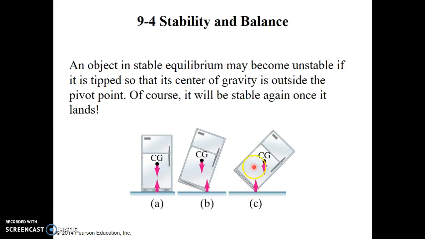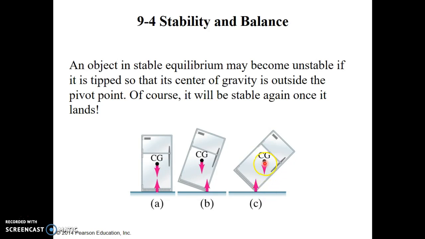In C, however, we've tipped it a little too far. The center of gravity is pulling it in a clockwise manner. It's going to tip it further away from that initial equilibrium point. So this would be our unstable equilibrium example. Now, two points here.